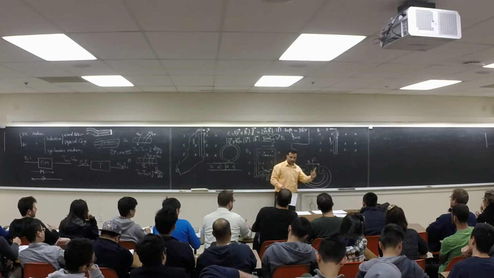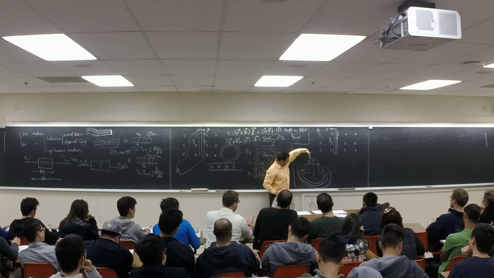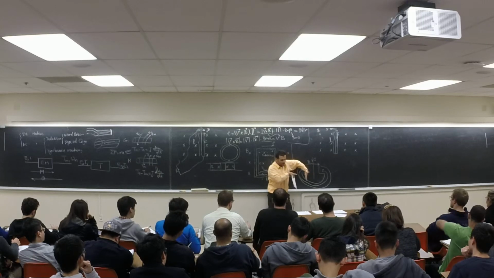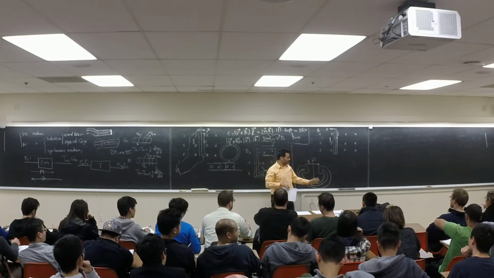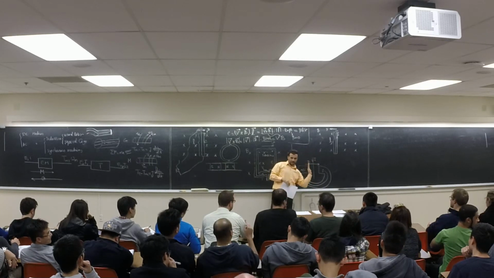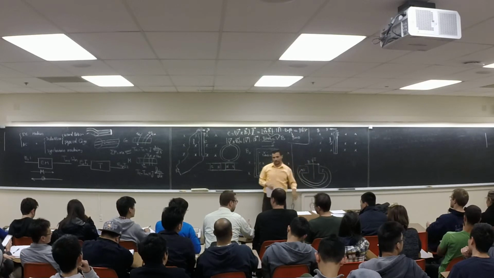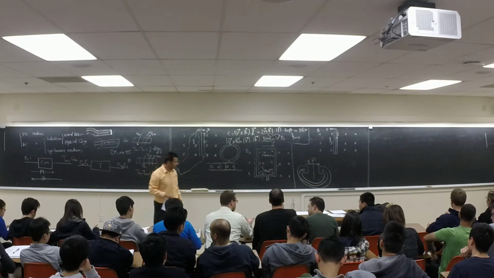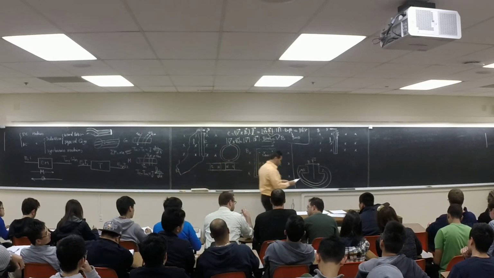Here, look, the current is going this way, the field is going this way, so this one is going to move this way. If the current was the other way, it would go like this, right? So this is how we can figure out which way the conductor is going to move. I'm not going to go through the detail, it's very simple.